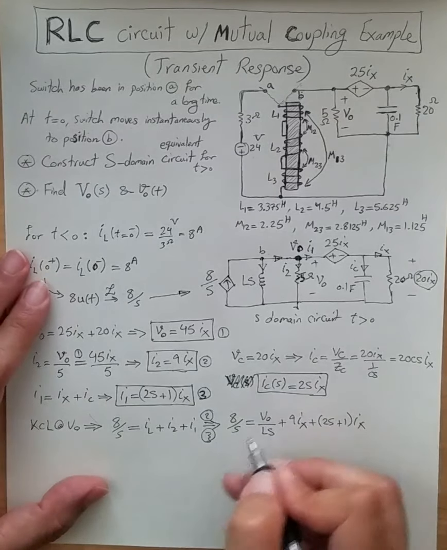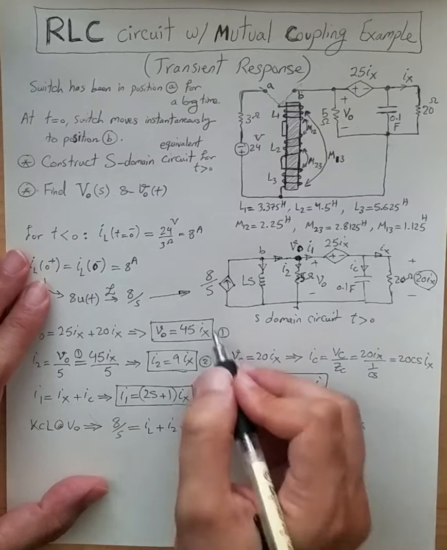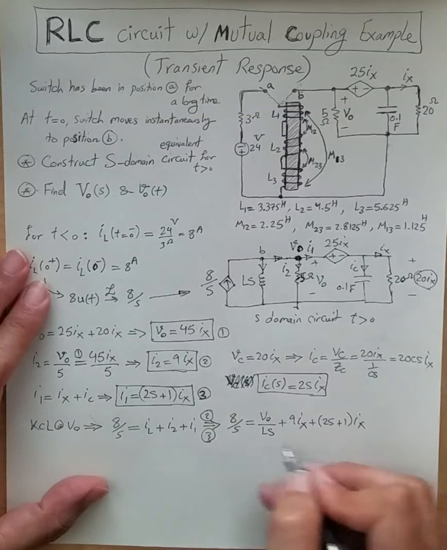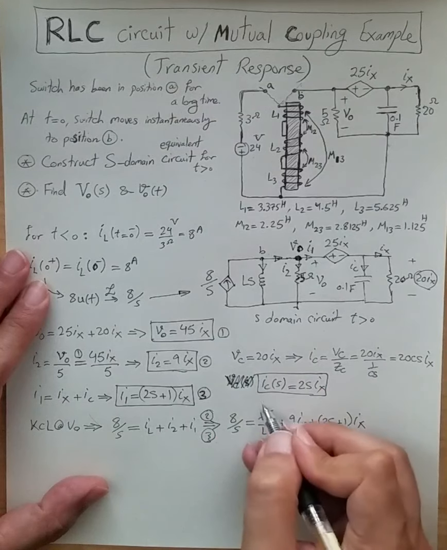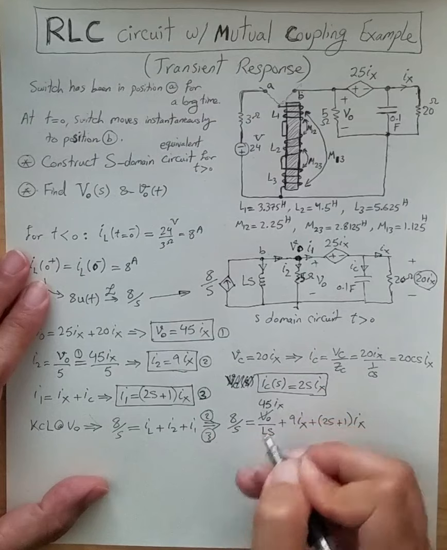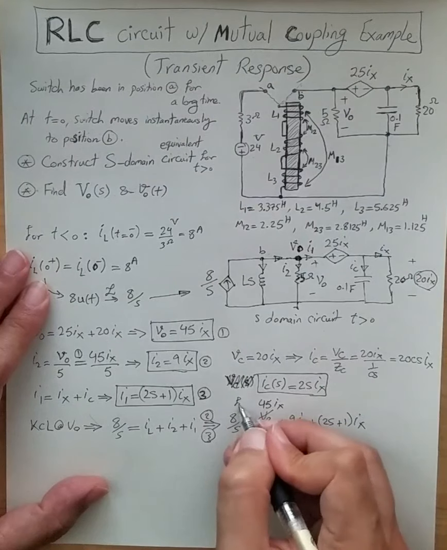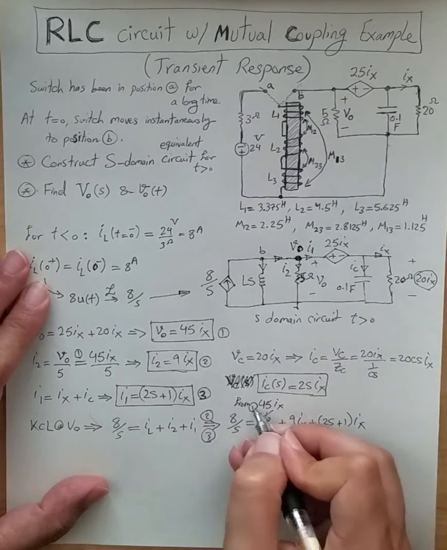Okay, and now I can use equation 1 to replace Vout. This guy is 45 Ix from equation 1.